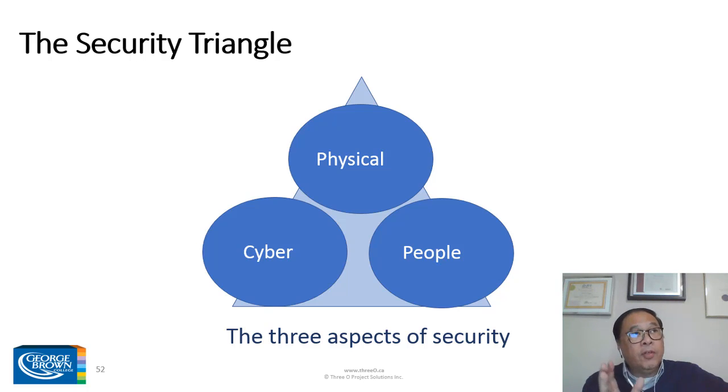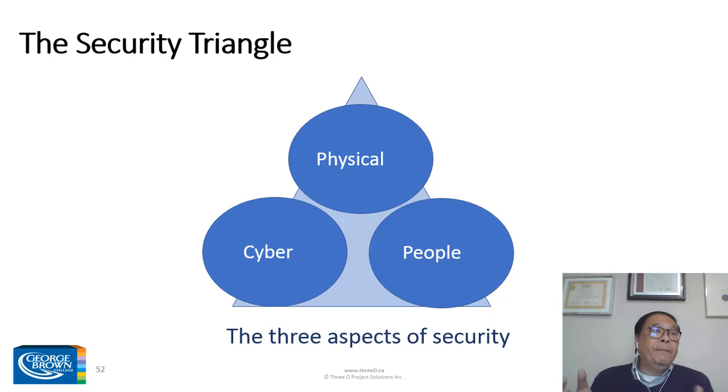So that's the technology side of things. This is obvious, right? Whether your firewall is preventing unauthorized people from coming in, accessing your network, and so on. So a lot of things in the cyber security arena are just as important in the security triangle.